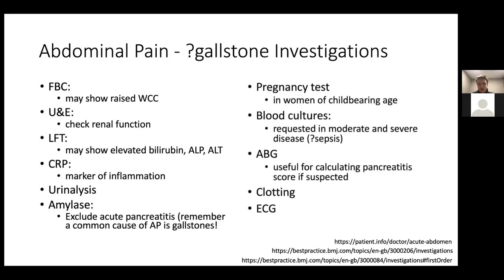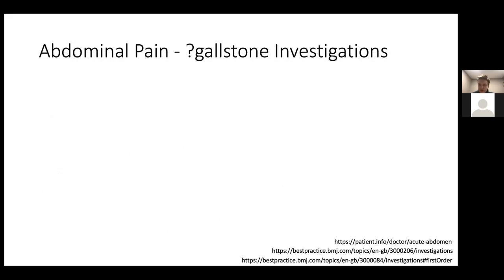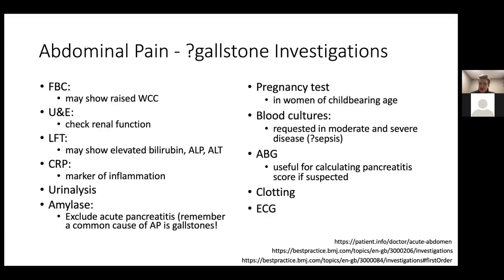Other tests include pregnancy tests. All women should be assumed to be pregnant until proven otherwise, so always rule that out, especially in the context of a potential ectopic, which can cause abdominal pain.